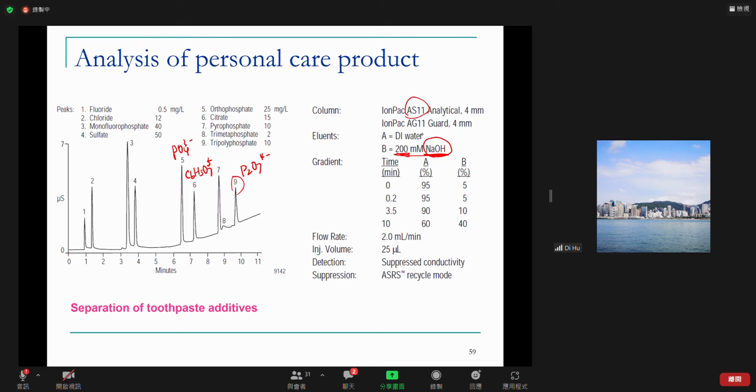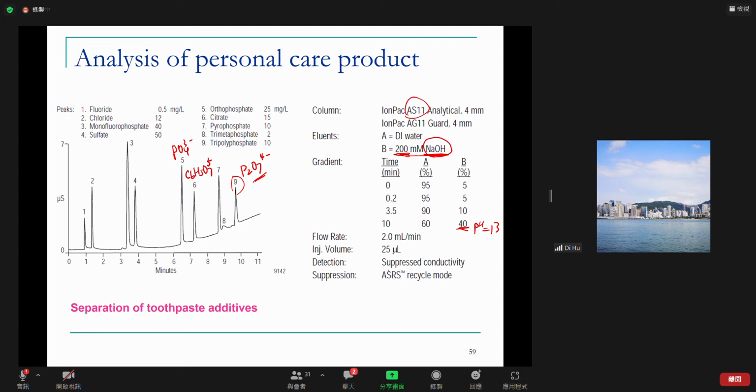Now it used 200, but of course it's diluted to about 40%, which is about 100, so that is about pH 13. So it's pretty high, pretty strong, because it needs to elute those trivalent or quadrivalent ones.